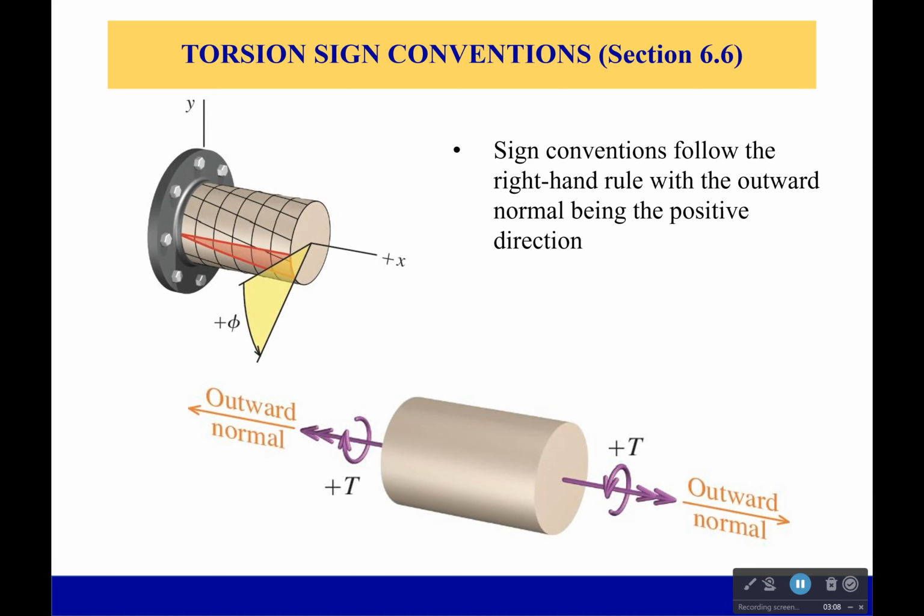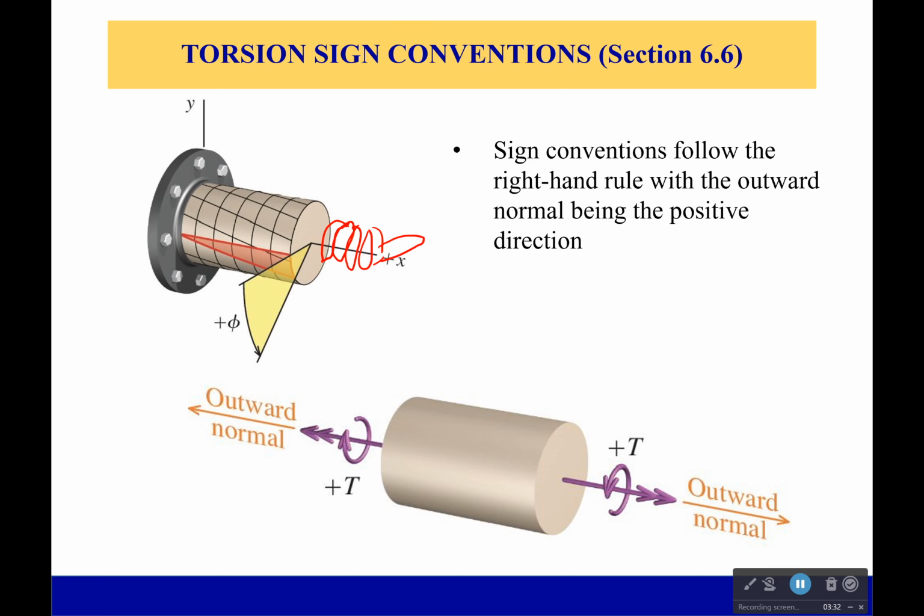Now let's talk about some sign conventions. All of our sign conventions follow the right hand rule. So go ahead and grab your hand and wrap your fingers around this line. What you'll see is that your thumb is pointing out that way if you wrap your fingers around that axis.